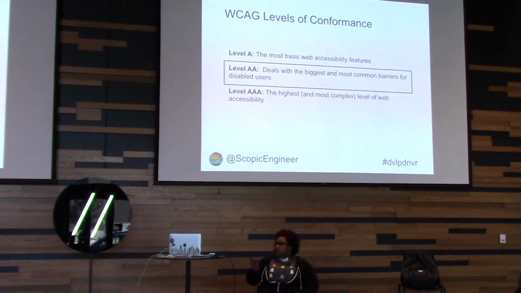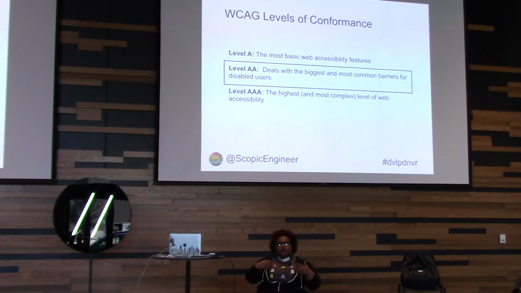And level AAA is the highest and most complex level of web accessibility. When it comes to AAA, I don't know if there are actually any AAA websites out there. I haven't seen one. Mainly because I know that a lot of trying to solve for AAA issues can come in conflict with others.